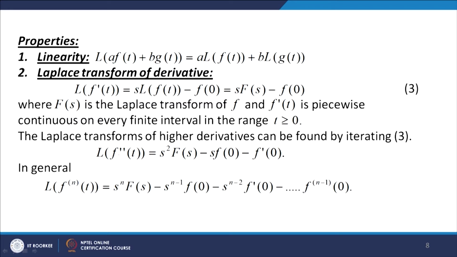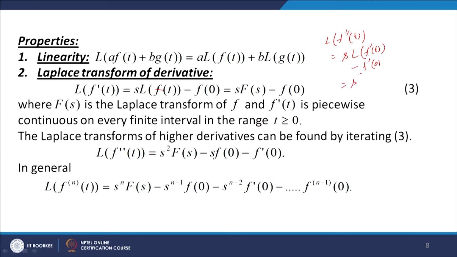Suppose we want to find the Laplace transform of f double dash t, then we apply this formula for f dash in place of f. So, L of f double dash t will be equal to s times L of f dash t minus f dash 0, replacing f by f dash.